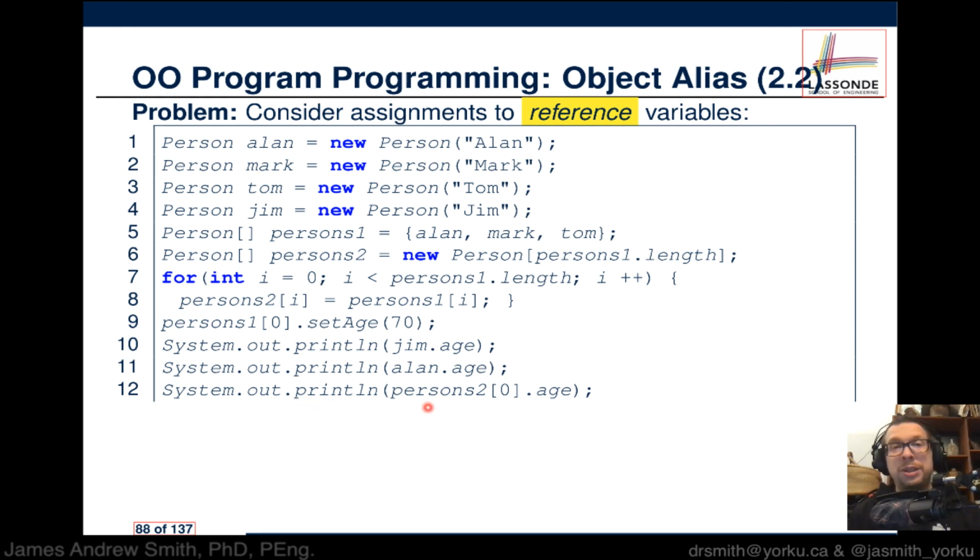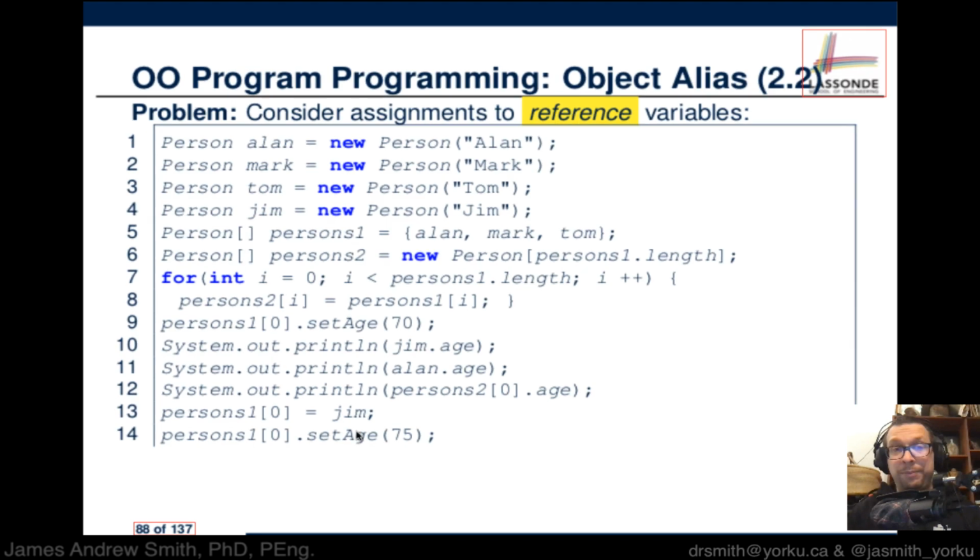Then we're going to print out the age for whatever was in position 0 of persons2, which should also be Alan, so that should be 70. Then we say persons1 at position 0 is now Jim, and we're going to set Jim's age to 75.